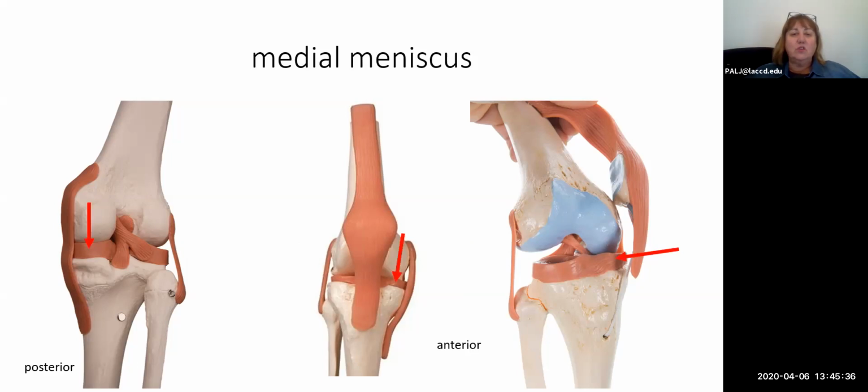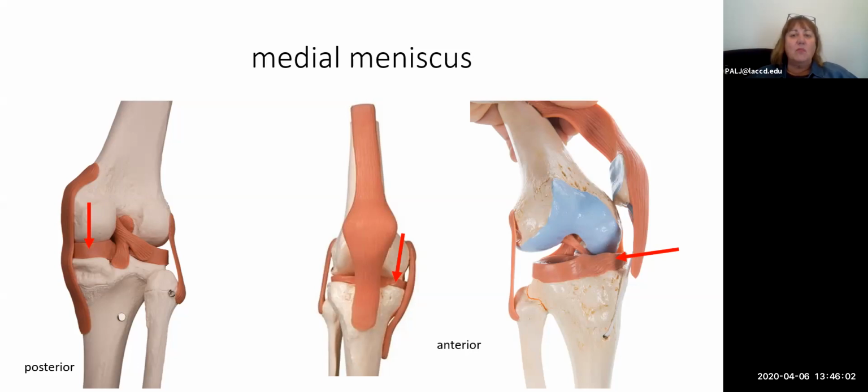Now we are going to look at these disc-like structures that are between the tibia and the femur. They actually sit right on the condyles of the tibia, and they are thicker or fatter on the outside, and then they taper or flatten out medially, and they're kind of C-shaped pieces. They are discs of cartilage.